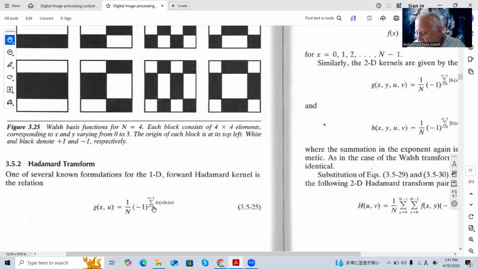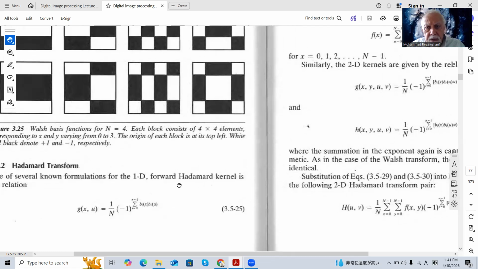So the result will be 0 or 1. If it is 0, minus 1 to the power 0 is plus 1. And if it is 1, minus 1 to the power 1 is minus 1. So it's plus or minus of the component.